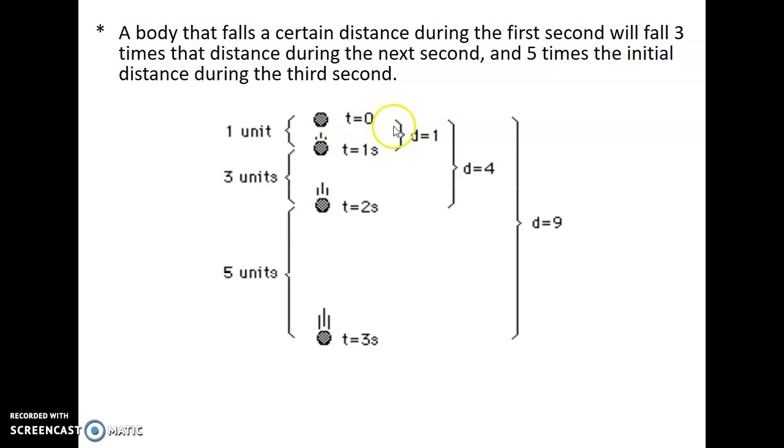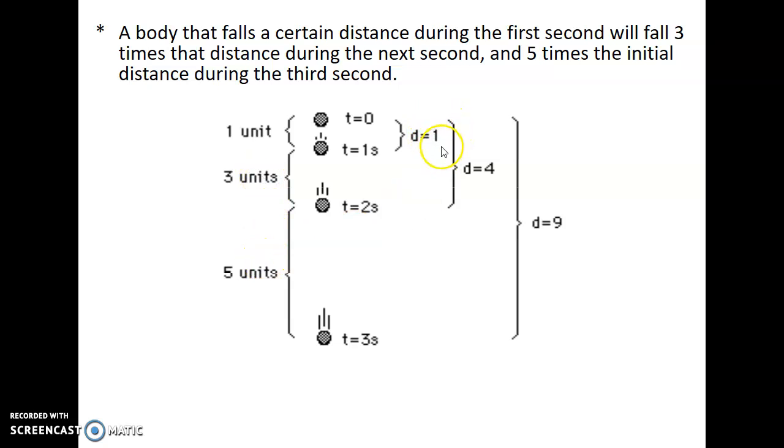So the total distance fallen would be 1 Galileo during the first second. If we want the total distance fallen during 2 seconds, it would be 1 plus 3 or 4 Galileos. And then during the 3 seconds, it would be 1 plus 3 plus 5 or 9 Galileos. So the interesting thing here is that the extra distance it falls each successive second seems to follow the odd integers.